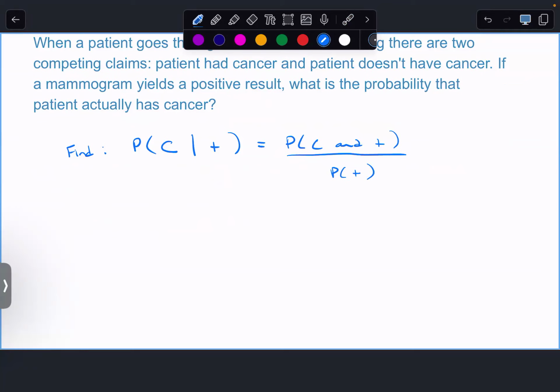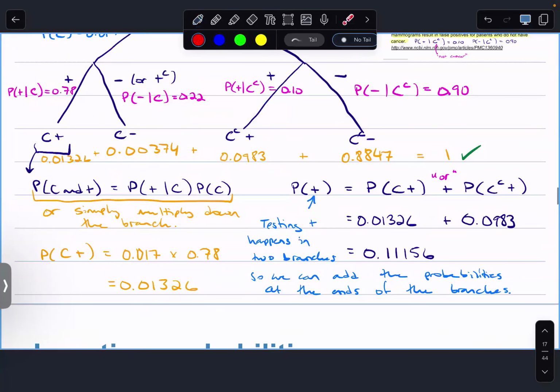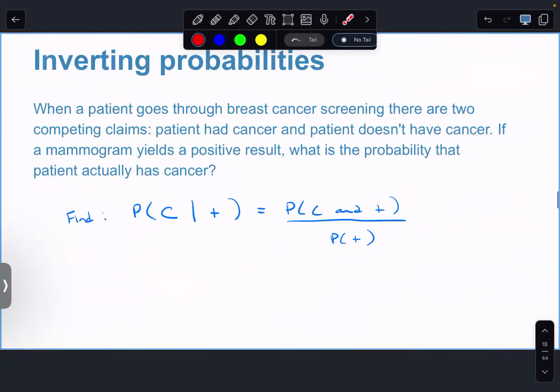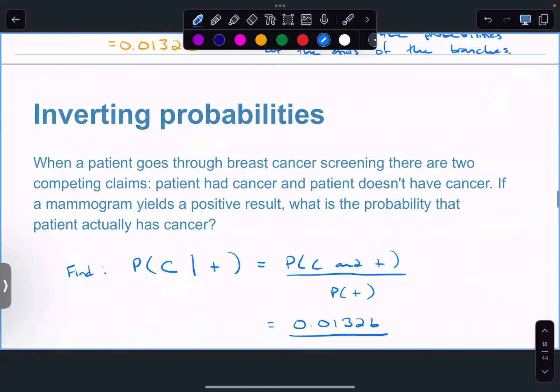We have all this information, right? The probability of C and plus, so cancer and positive, we know is 0.01326. So I'm going to jot that down. And we also did all that work for finding the probability of it being positive. Otherwise, we would have to do that here, right?